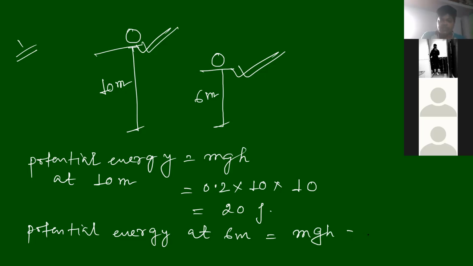So in this case, the mass is 0.2, the gravitational acceleration is 10, and the height now is 6 meter. So what should be the answer? 0.2 multiplied by 10 is 2. 2 multiplied by 6 is 12 joule.